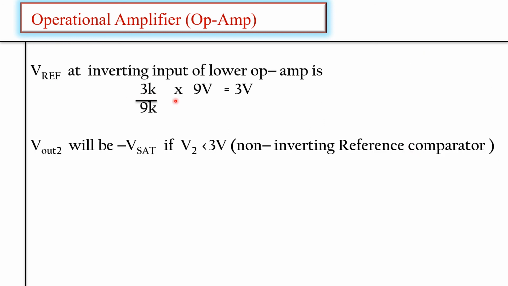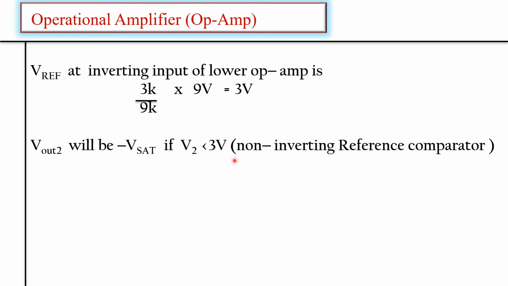V reference at the inverting input of the lower op-amp is R3 upon R1 plus R2 plus R3, that is 3 upon 9 kilo ohm into 9 volt. So the 9s get cancelled and we get 3 volt. So Vout will be minus Vsat if the voltage at V2 is less than 3 volt, right?